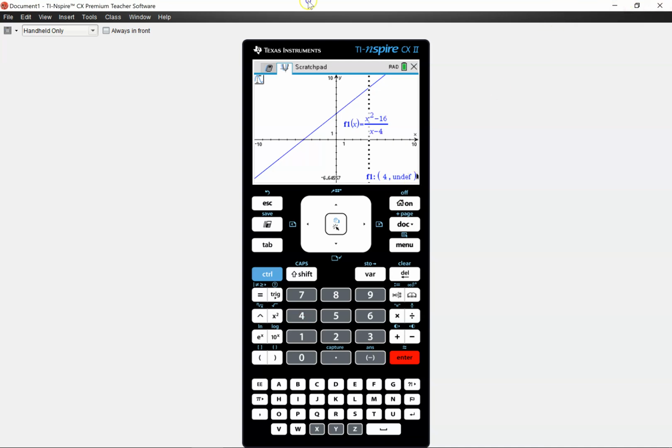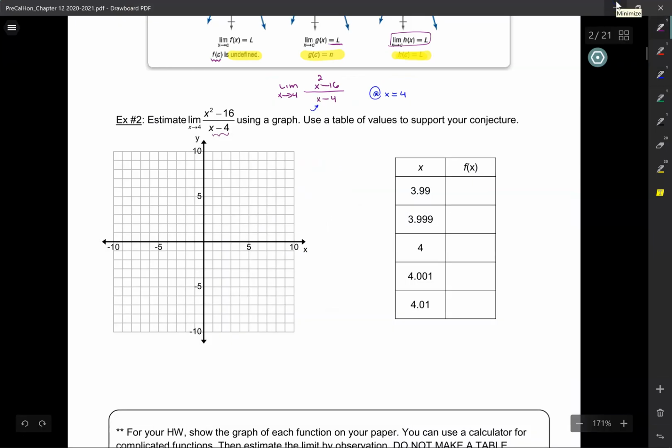Okay, let's reproduce that graph here. That's how that looks. So what happens as x was approaching 4? We were nearing y equals 8, right here. But what happened right at that point?